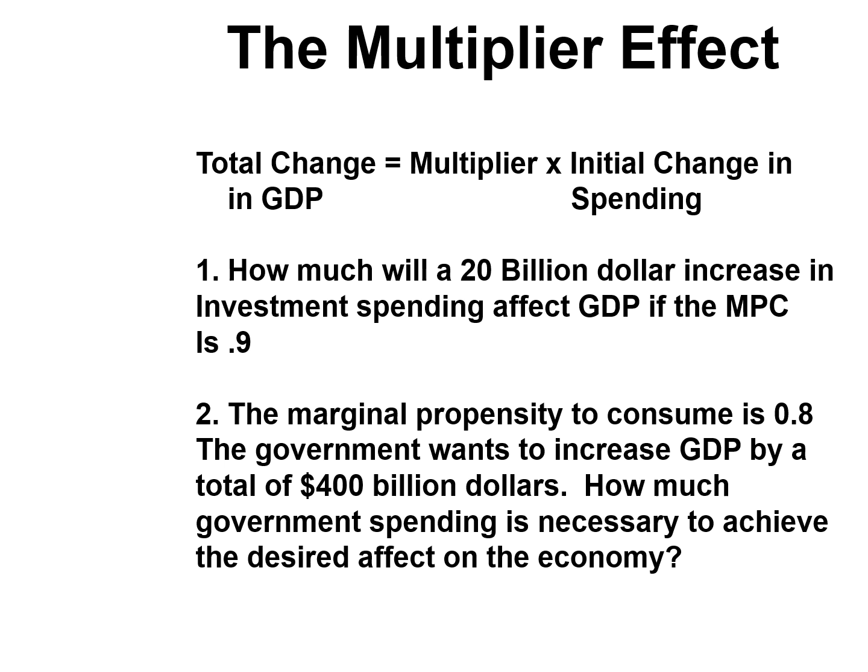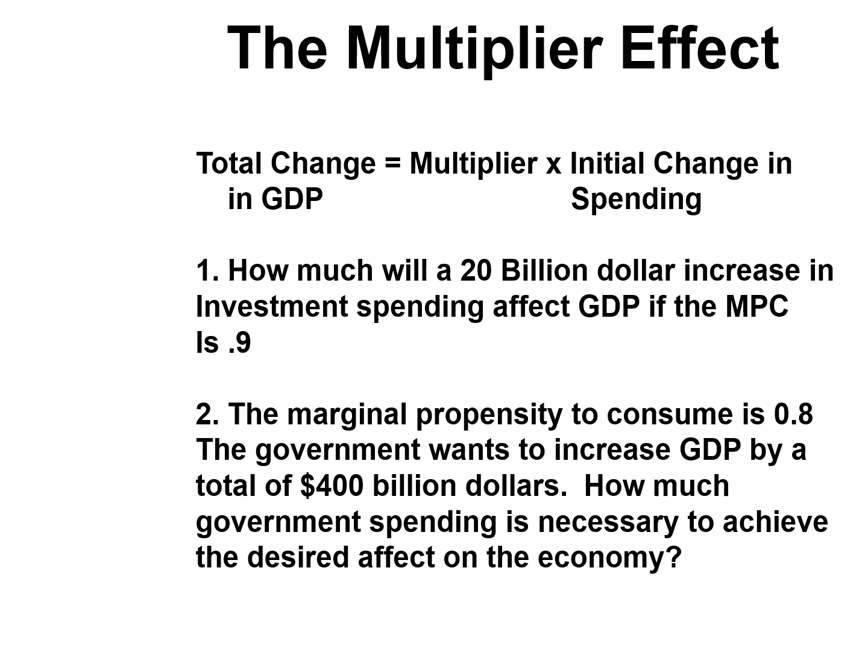First, calculate the size of the multiplier in this economy. 1 over 1 minus MPC, or 1 over MPS, is the multiplier. So 1 over 1 minus 0.9, 1 over 0.1, the multiplier is 10. So if there is an initial increase of $20 billion in investment spending, 10 times 20, there'll be a total change in GDP of $200 million.